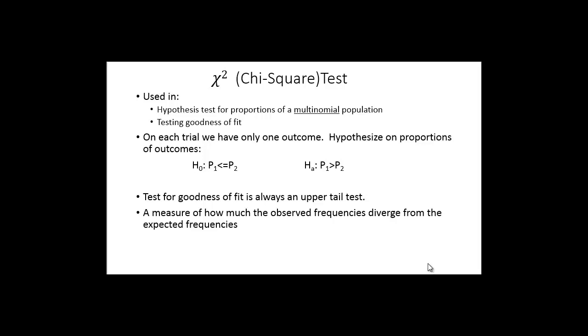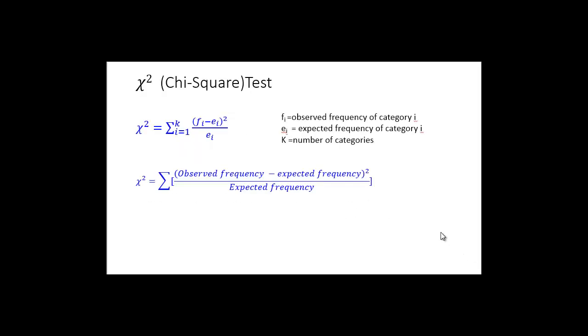In any case, we use the chi-square test to check for frequencies and see if they diverge from the expected frequencies. The formula we have for chi-square is simple. We get the frequencies of observations and expected frequencies.